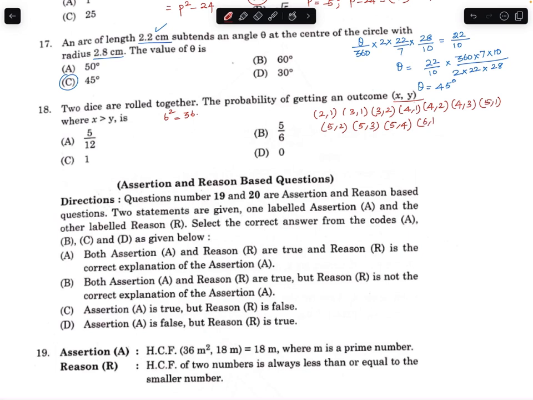Then with 6, it is 6 comma 1, 6 comma 2, 6 comma 3, 6 comma 4, 6 comma 5. The total favorable outcomes are 15. So the probability is 15 upon 36. On reducing, we get 5 upon 12. So the answer is option A.